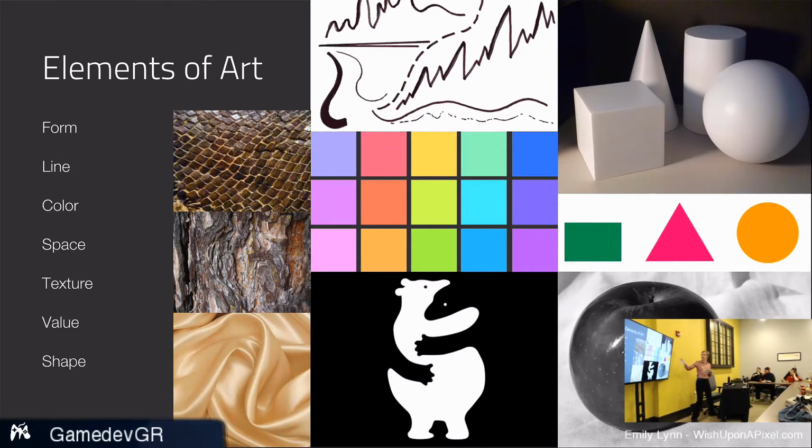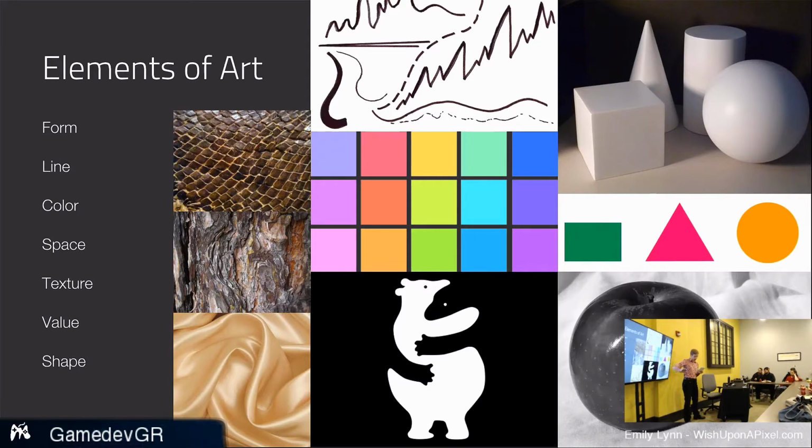We have color, which can aid organization through color strategy. With color, it can be a little bit complicated, especially because of color theory, but it's a pretty massive tool in making an impact towards your viewers and players. Space creates the illusion of three dimensions on a flat surface, which I believe is the example.